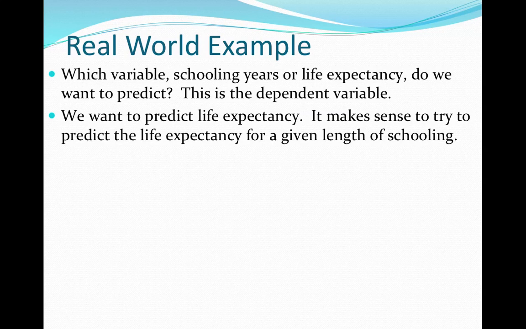Now, just remember that this life expectancy is not directly related to a single person's length of schooling. So going to school for many years doesn't mean that that person will live a long life. What it means is that in a country where people generally on average go to school for many years, that country's population on average has a longer life expectancy.